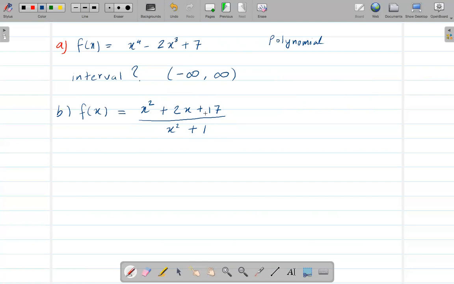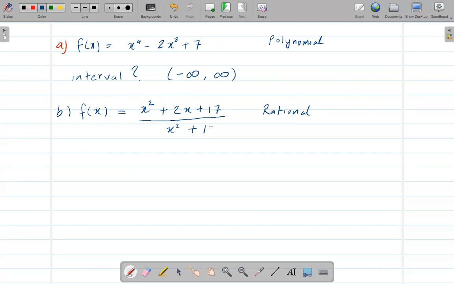Here, one thing we can see is that this is a rational function. How do we say it is a rational function? When you divide two polynomials: the numerator is a polynomial, and the denominator is also a polynomial. So when you divide something like this, it is a rational function.